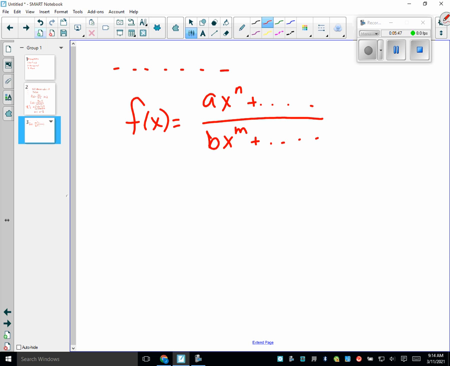What we're looking at is the degree of the numerator and the degree of the denominator. If n is greater than m, there is none.